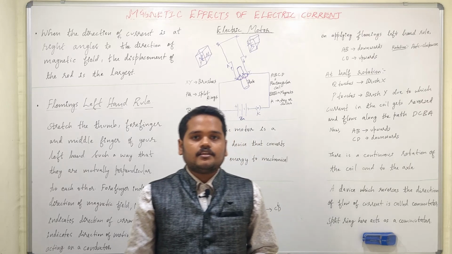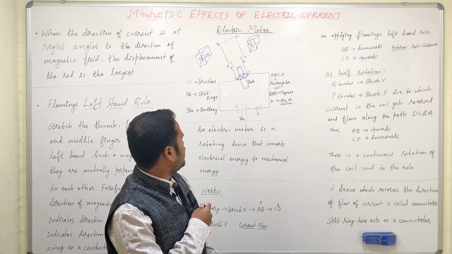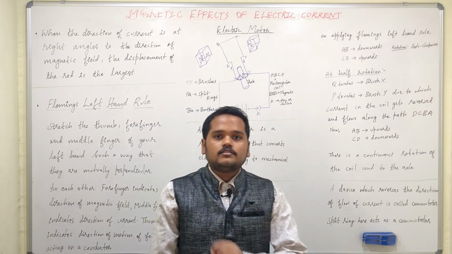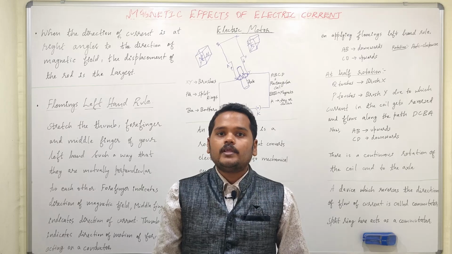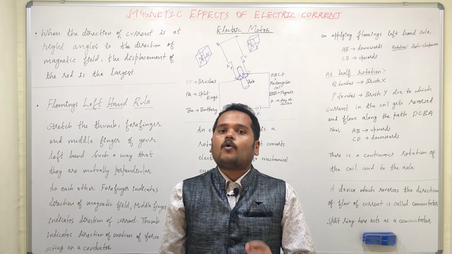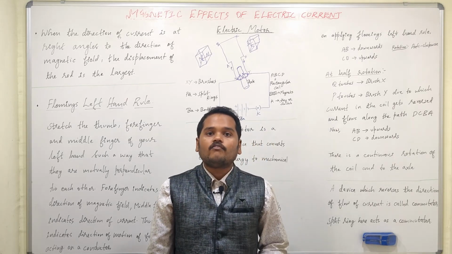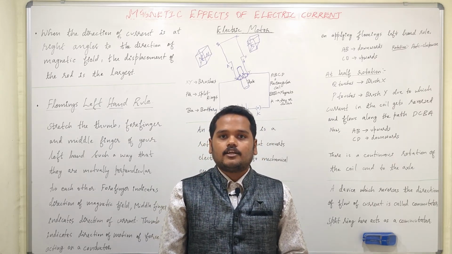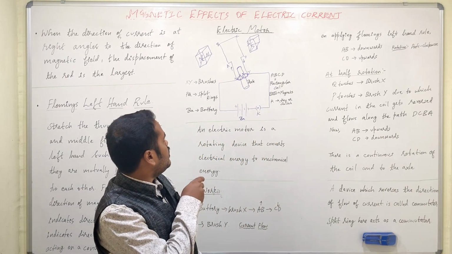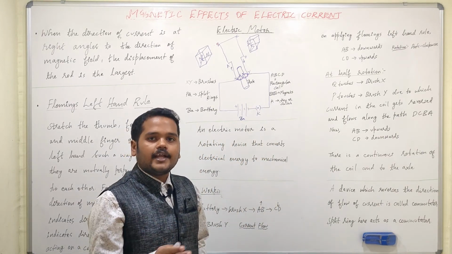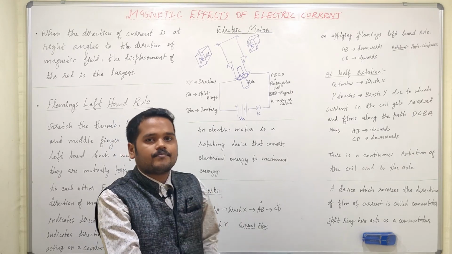Here you have seen a device called split rings, the PQ split rings. This PQ split ring is called a commutator. What do you mean by commutator? A commutator is a device which reverses the flow of electric current in a circuit. In the first half, the current was flowing from ABCD. In the second half, the current flowed from DCBA.